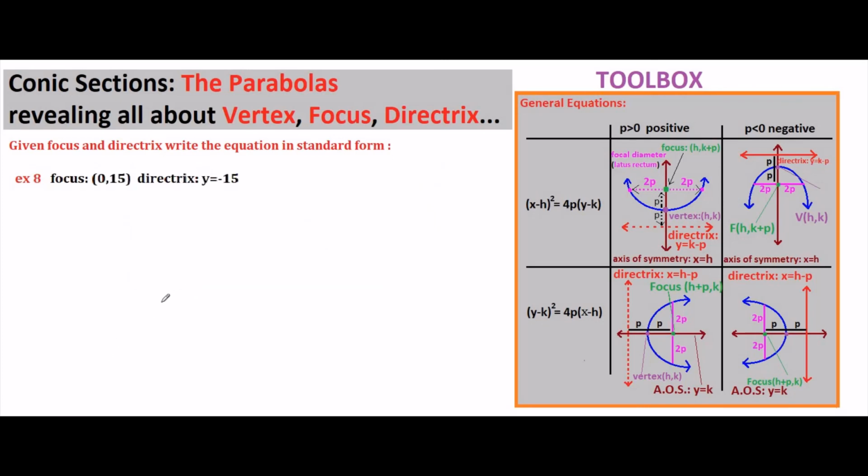Our example 8. The focus is (0, 15) and the directrix is y equals negative 15. Let's sketch the focus first, (0, 15). The directrix y equals negative 15 is below the focus.